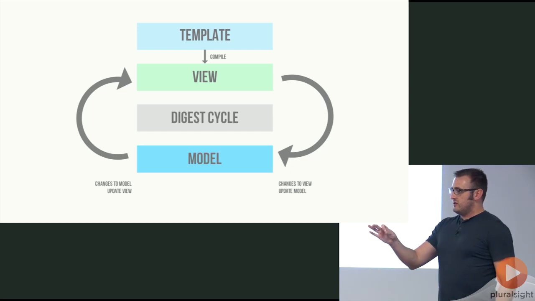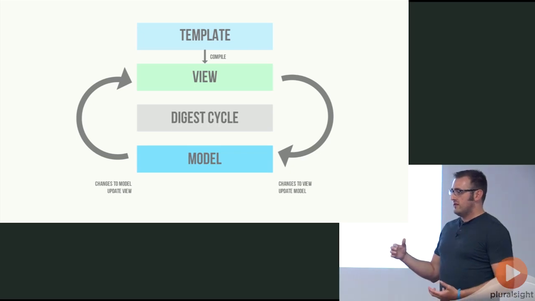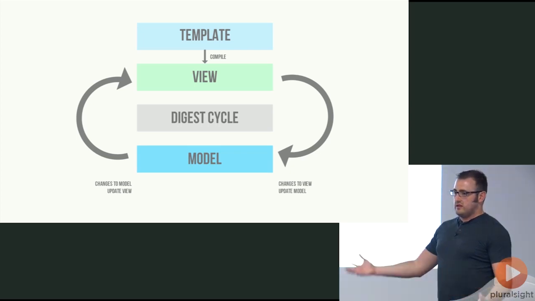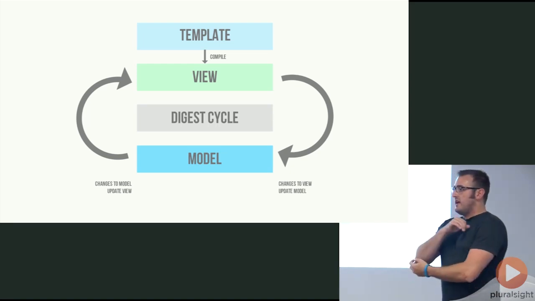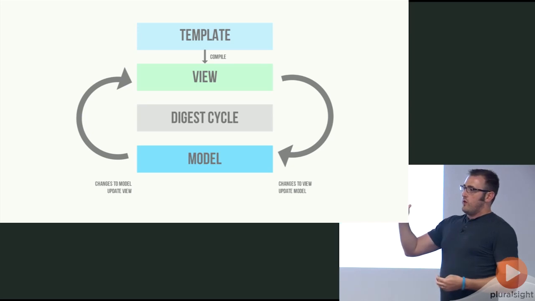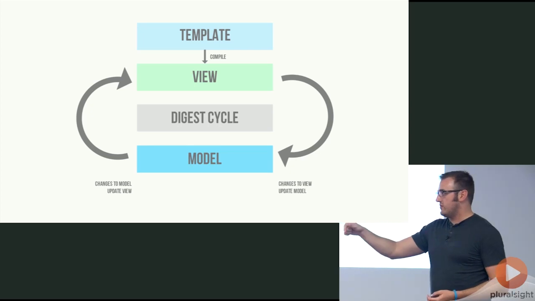On occasion, and I believe this is how Bootstrap UI does this, you will need to construct a modal that lives on top of everything. And you need to dynamically add that to the DOM. At which point, a lot of times, you will create a child of the root scope. So at that point, you will manually create a scope.